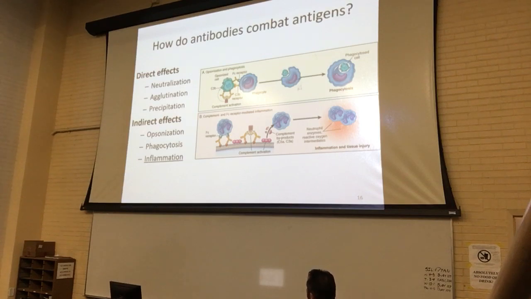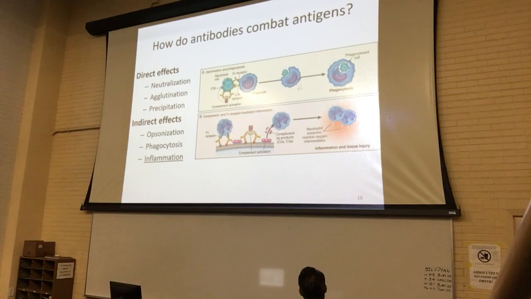So with opsonization and phagocytosis, antibodies stimulate, say, a macrophage to come in and gobble up the antigen and get rid of it. This is indirect because the antibody's not doing it all by itself. And then with inflammation, same thing: you've got the recruitment of a neutrophil that's being brought to the area from the release of complement.